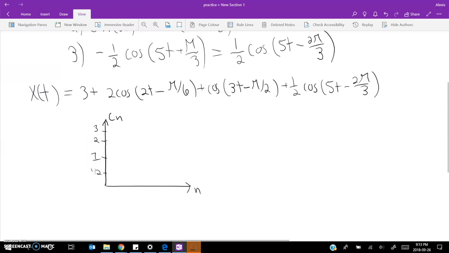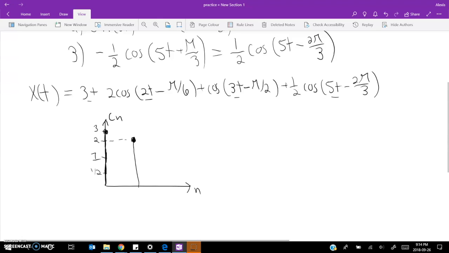On our x-axis for our n, we notice the frequencies here, here, and here, and this one has n equal to 0. So at 0, we obtain a Cn of 3. At n equal to 2, we obtain a Cn of 2 as such.